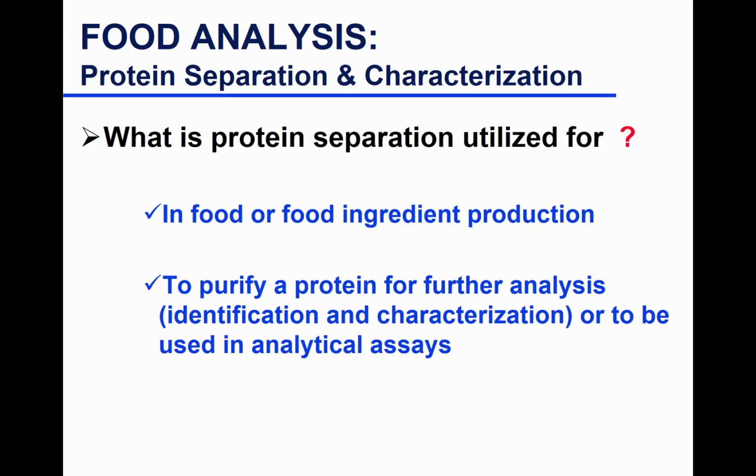We purify protein, like you said, for further analysis, identification, characterization of functionality, the chemistry of it, understanding how it differs from one protein to the other, or to purify a protein as an enzyme to use it in an assay, or to purify casein to use it for a trypsin enzyme activity test, for example, or a chymosin, or the rennet. If you want to do rennet activity, then you need a casein substrate to test rennet activity.